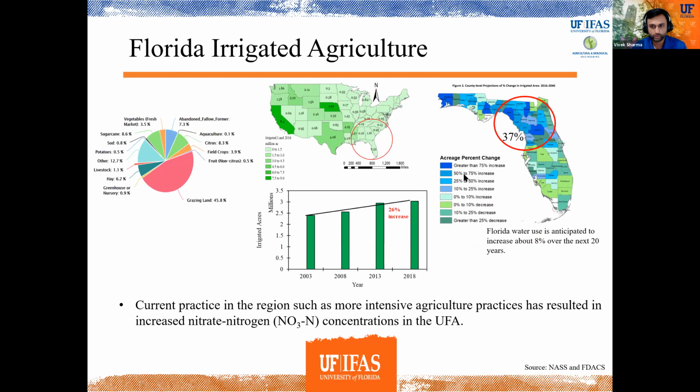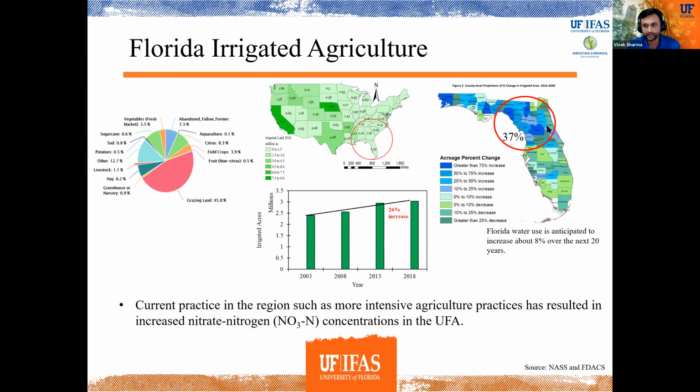This map shows you the expected increase in irrigated acres in the next 20 years. This document was released by FDACS a couple of years ago. There are certain regions in the state of Florida where we see approximately greater than 75% increase in irrigated acres, which is equivalent to about an 8% increase in irrigation water use.